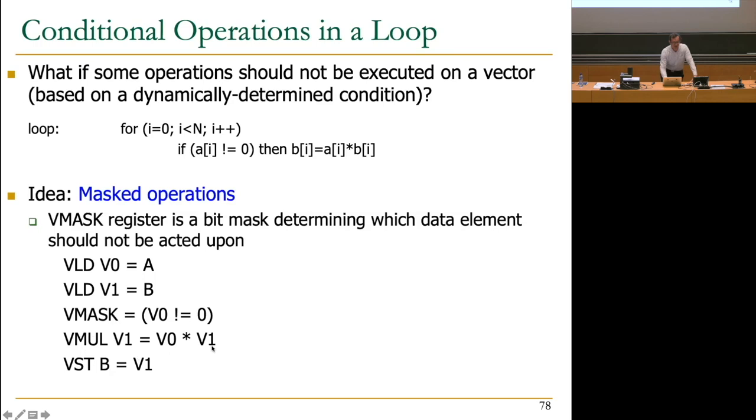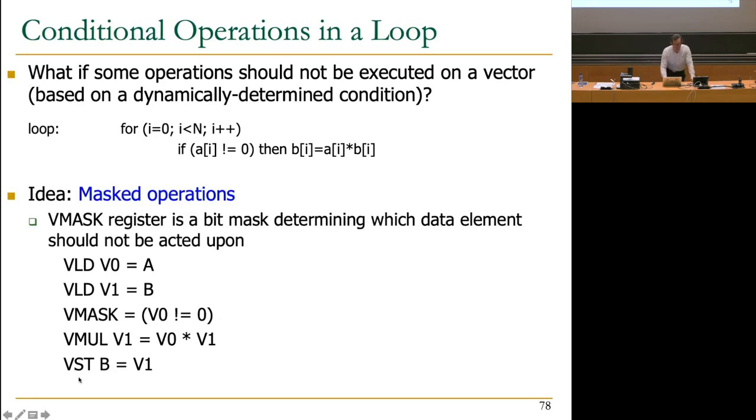So for example, when you do this vector multiply, you do this multiplication, but only the elements for which the mask bit is set actually update the corresponding elements. Makes sense, right? The multiply takes effect only for elements for which the mask bit is set, basically. For all of those elements where the mask bit is not set, the multiply doesn't take effect. So this is conditional execution.